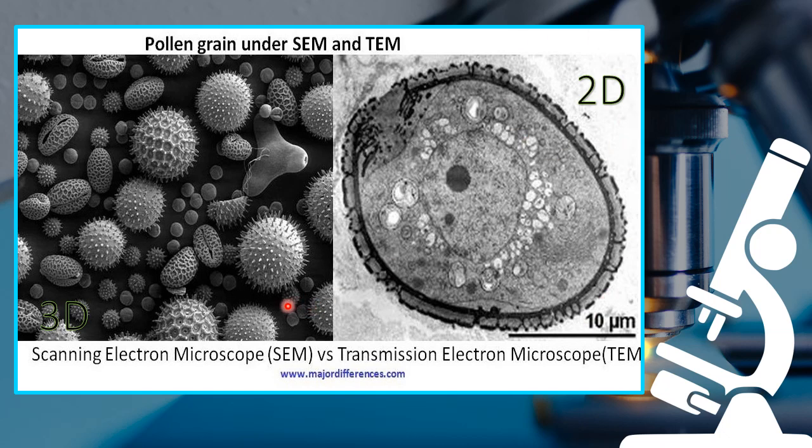The SEM image shows the topographical structure that focuses on the surfaces of the specimen only. But for the TEM, the electron can go beyond the surfaces and go deep into the specimen, where you can see the inside of the specimens also.